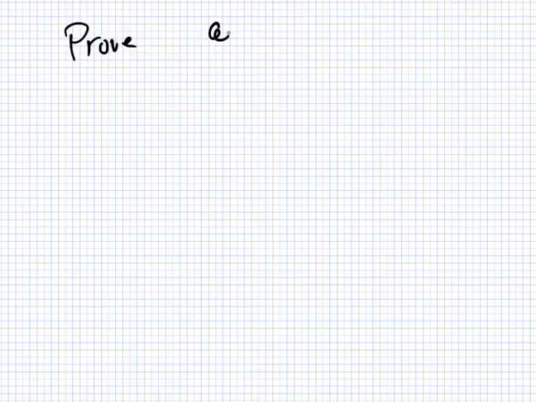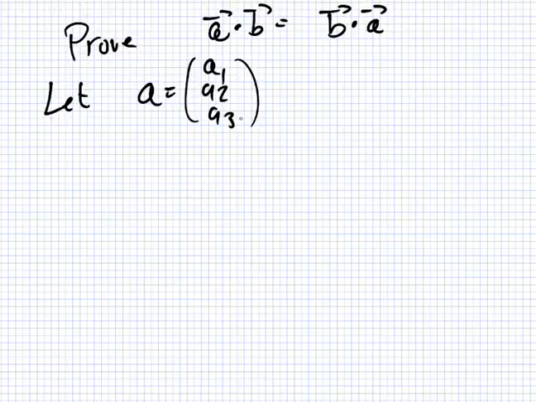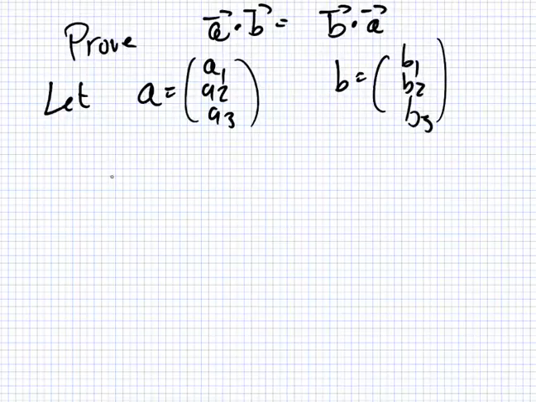So the next example here is to prove that a dot b equals b dot a. So we again say let a equal something general like (a1, a2, a3), and b equal to (b1, b2, b3).